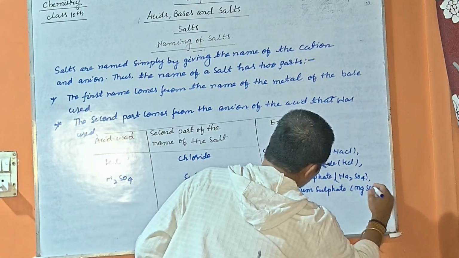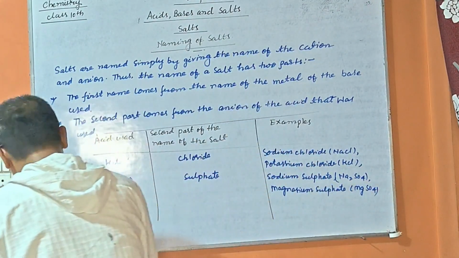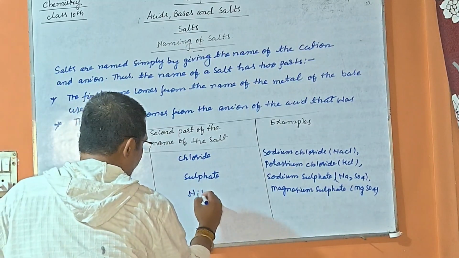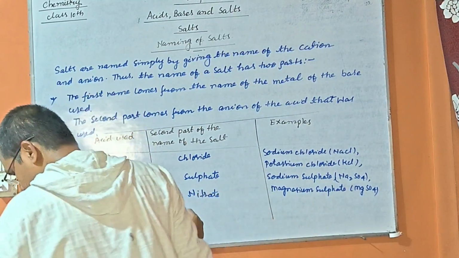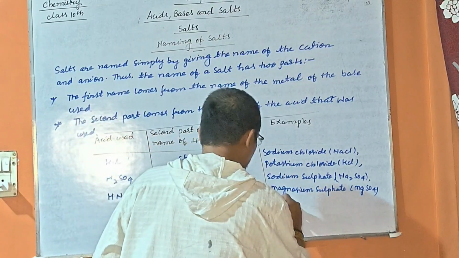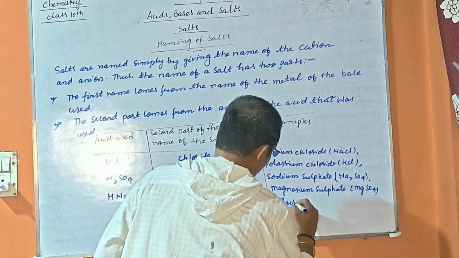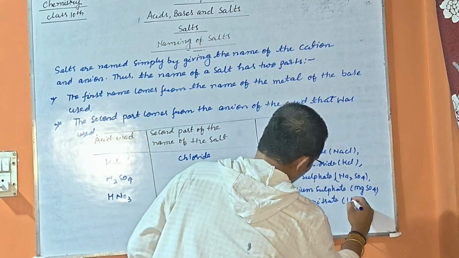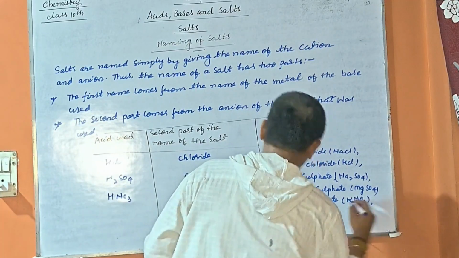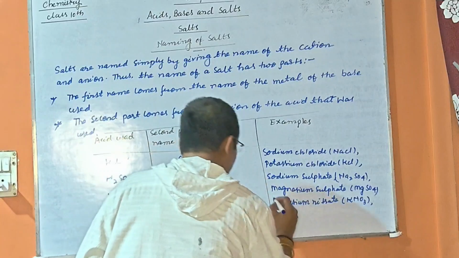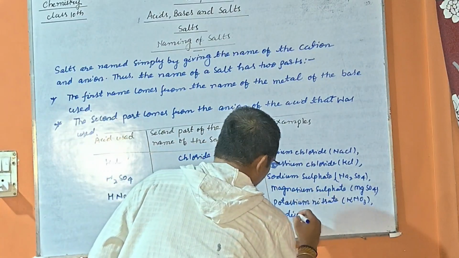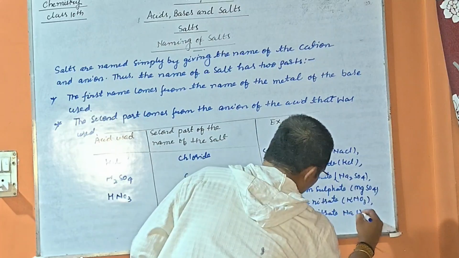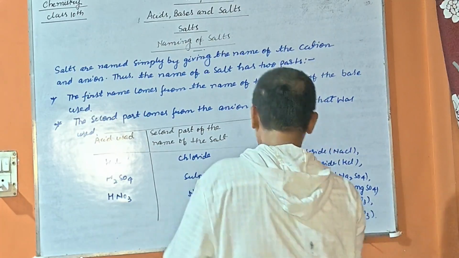Next is HNO3, which gives nitrate. We can have potassium nitrate, KNO3, and the next example is sodium nitrate, NaNO3.